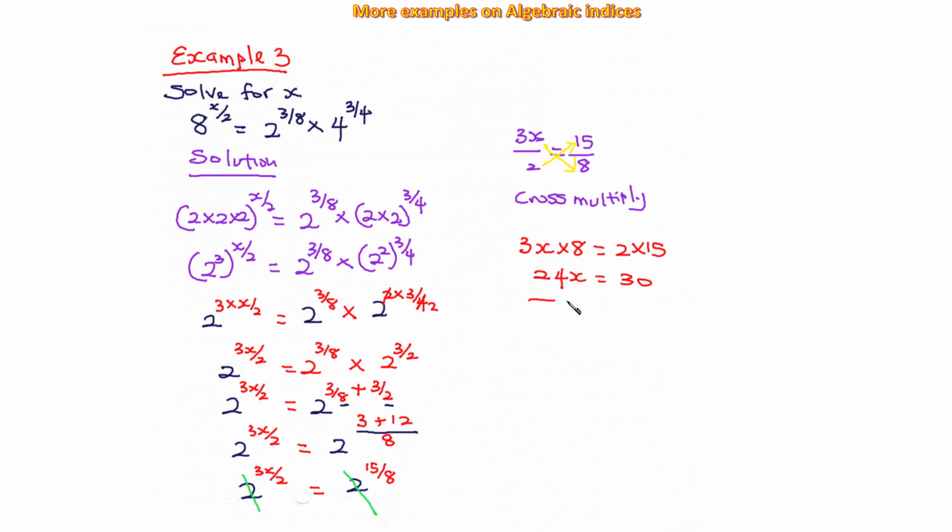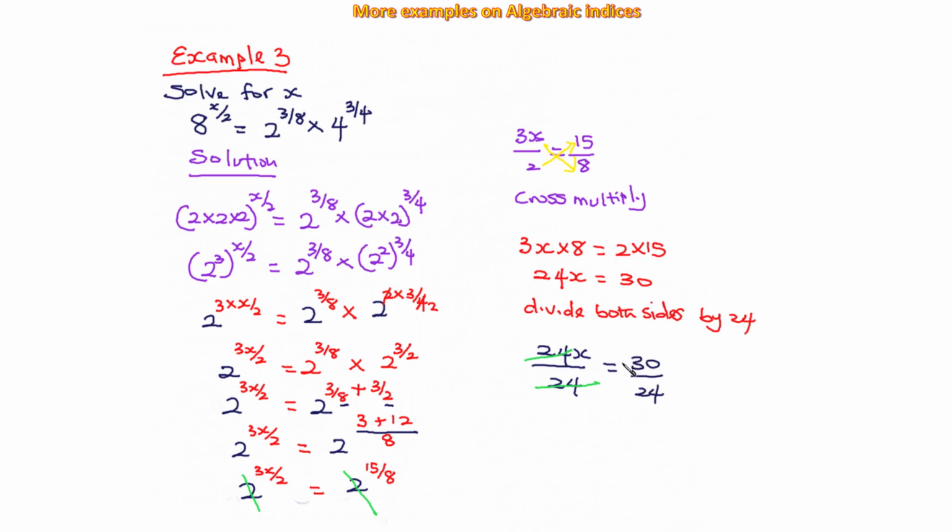Divide both sides by 24. You have your what? You have 24x over 24 is equal to 30 over 24. Then this cancels out.